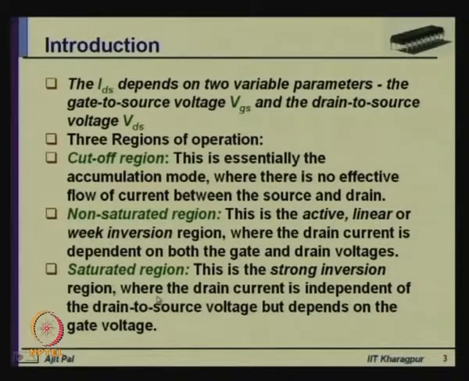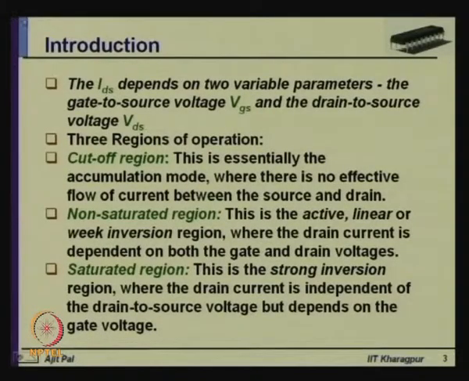So, here is the introduction. As I have already mentioned, the drain current IDS depends on two variable parameters, the gate to source voltage VGS and the drain to source voltage VDS. Of course, here I did not mention another important electrical parameter, that is the body bias, the source to body voltage.